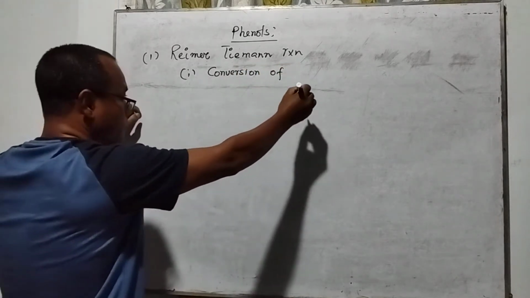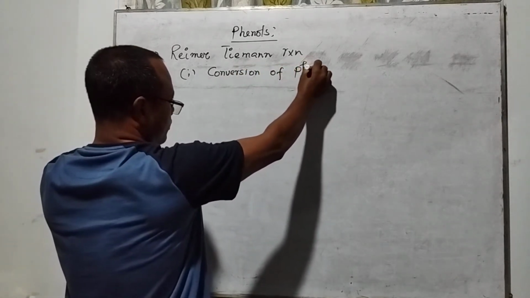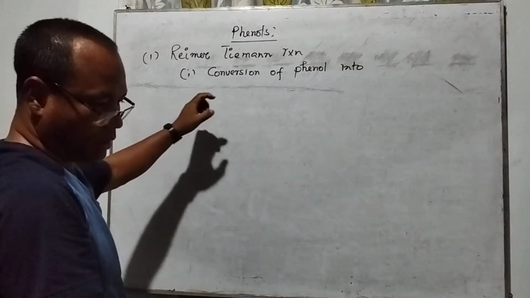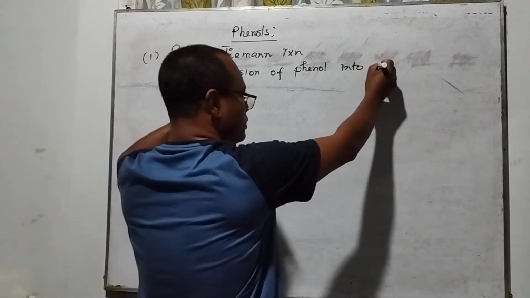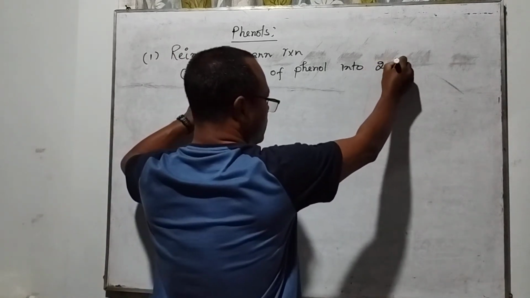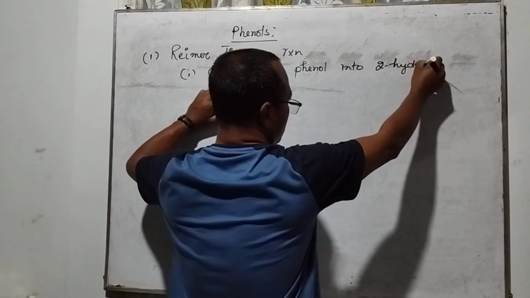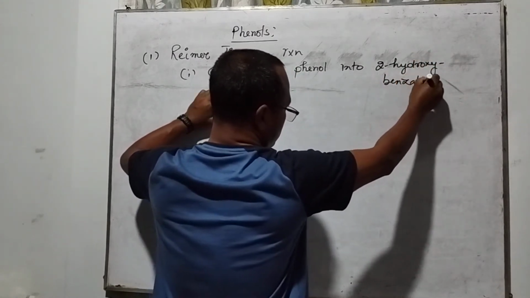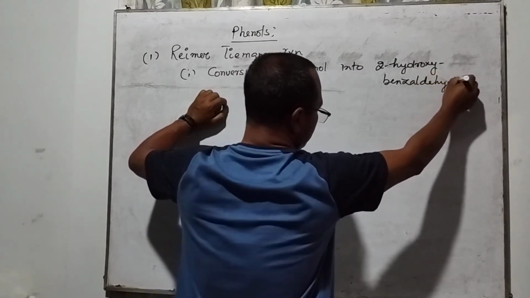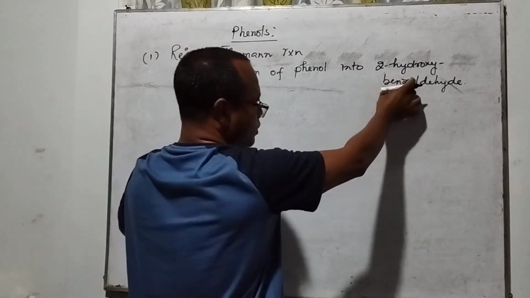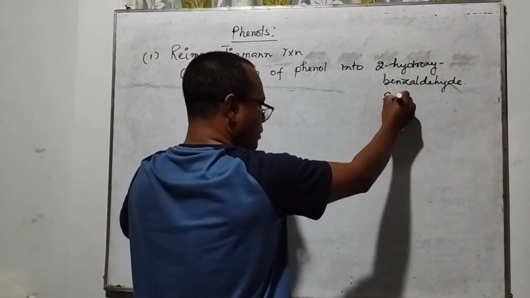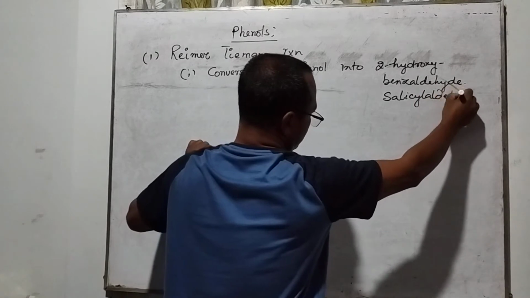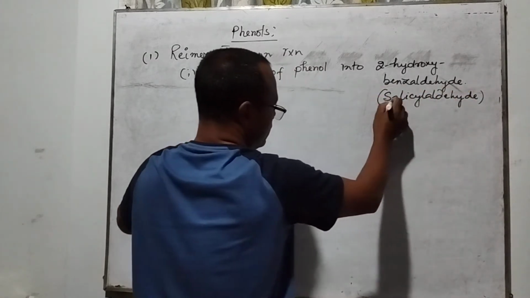Conversion of phenol into, in what compound is it converted, 2-hydroxybenzaldehyde. The commercial name of this 2-hydroxybenzaldehyde is salicylaldehyde, right?